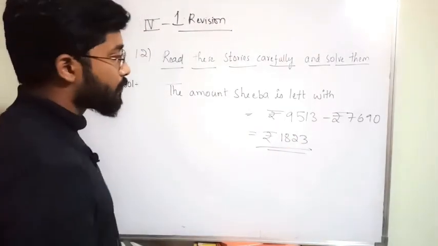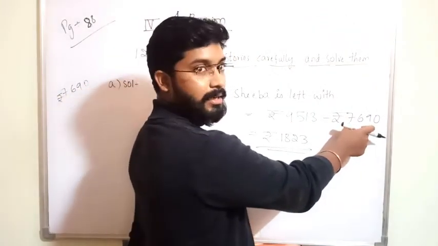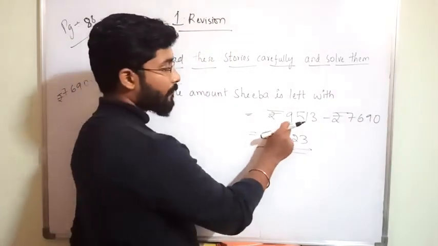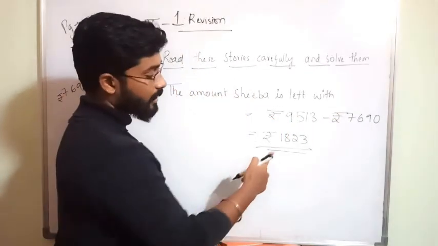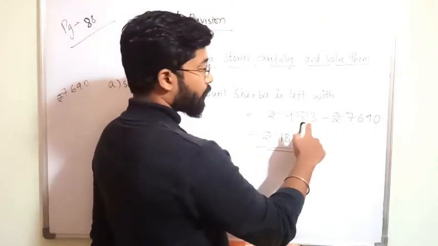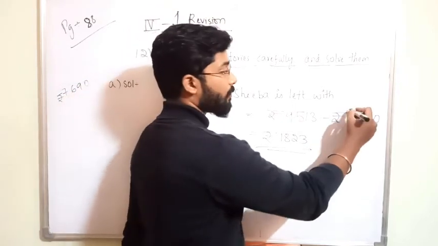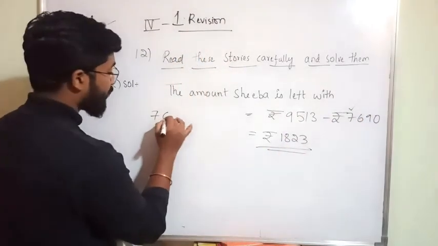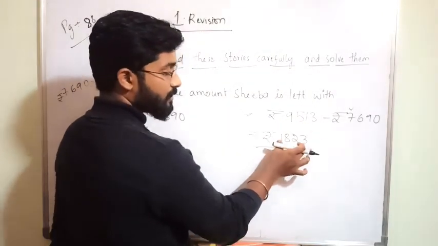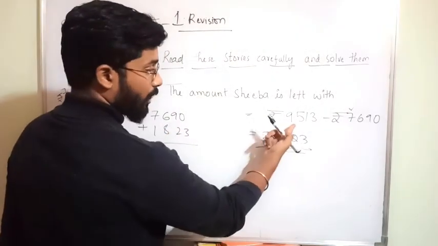If you do the subtraction for two numbers, you will get a difference. You take the lesser number, 7690, and add the difference amount to it, 1823. We will see whether you get the total amount or not.